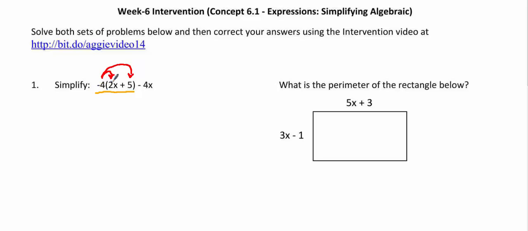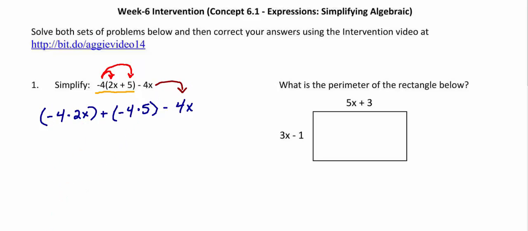So when we multiply negative 4 times 2x plus negative 4 times 5, and then minus the 4x, we're just taking this and bringing it down. We're not doing anything to it.